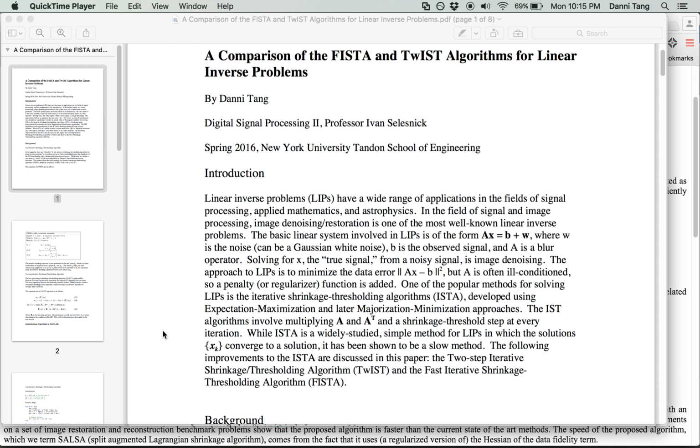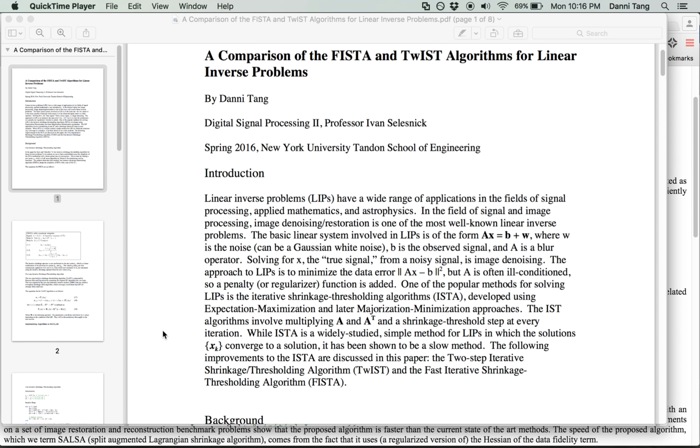So linear inverse problems, such as image denoising, can be treated as convex optimization problems. And so the way to solve linear inverse problems is to minimize the data error.